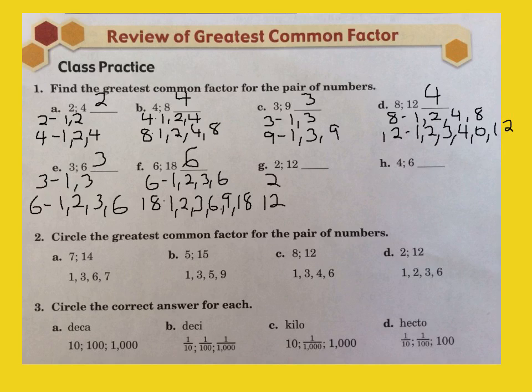Okay, I'm looking at G now. I wrote down all my factors for 2, wrote down all my factors for 12, and the greatest common factor would be 2.